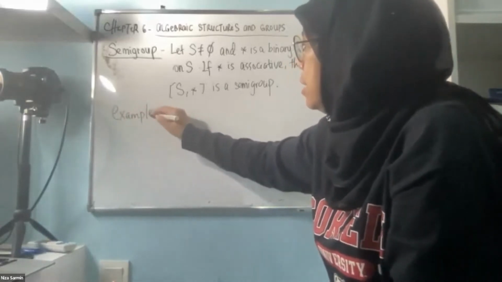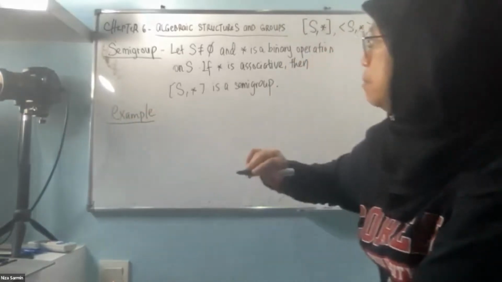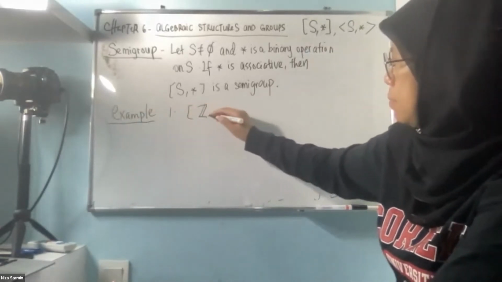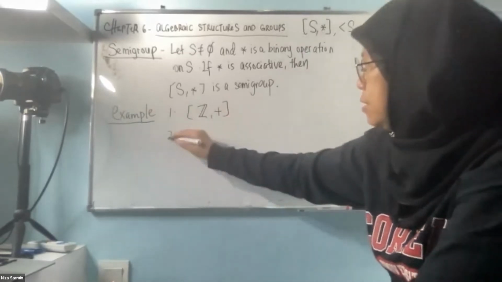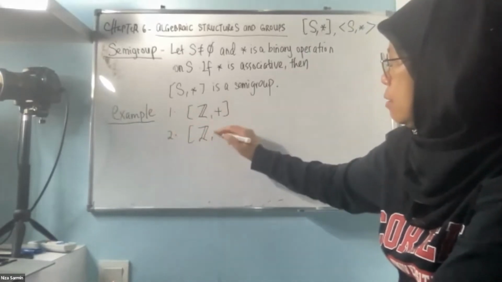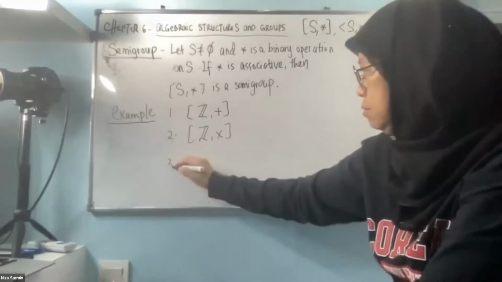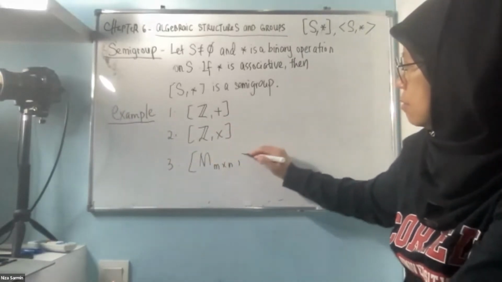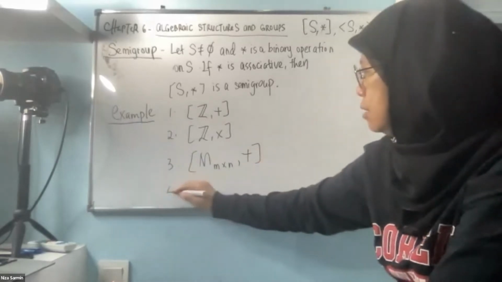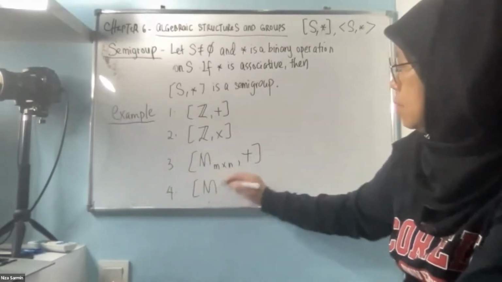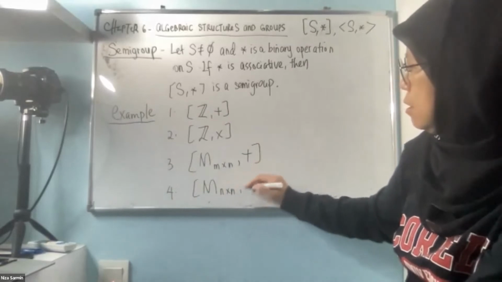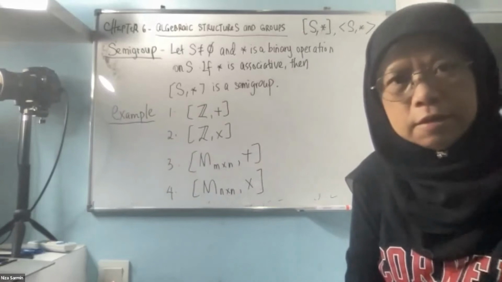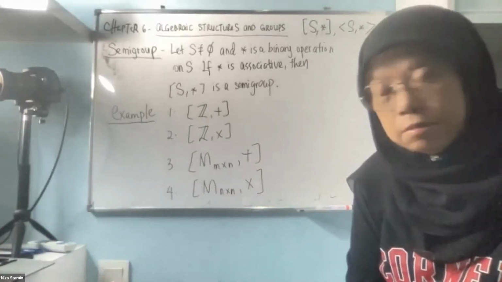Easily we can write some examples of semigroup: Z with plus, associative, right? Z cross matrices under addition and also matrices under multiplication.